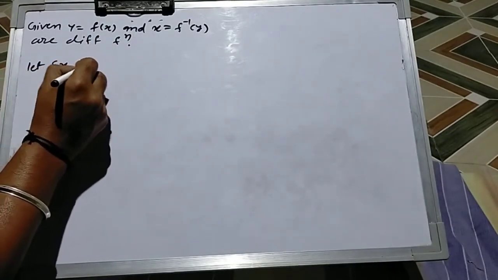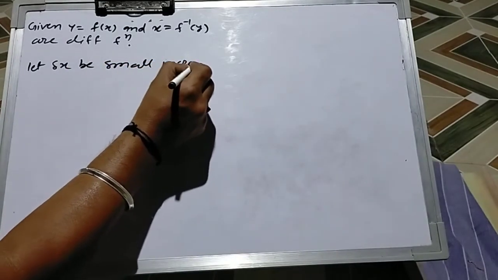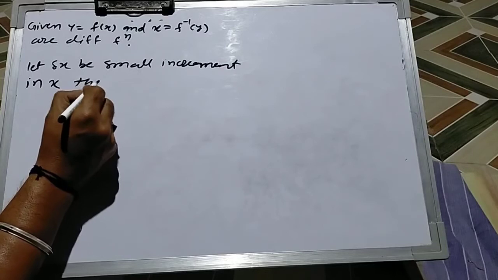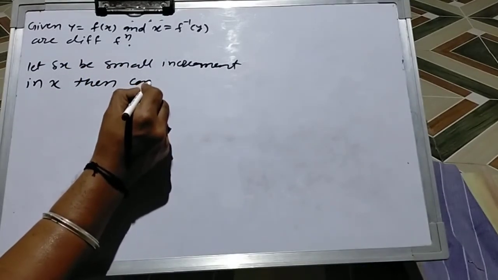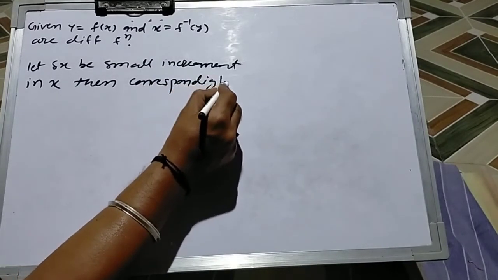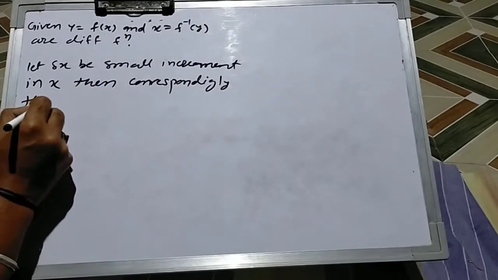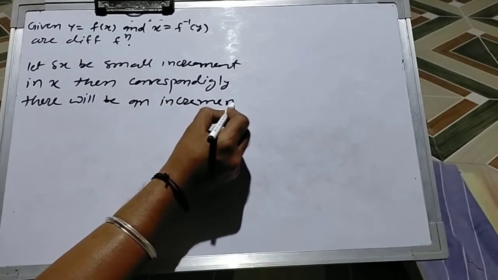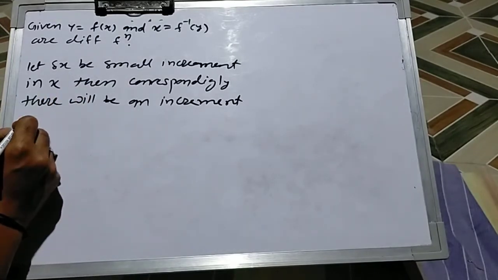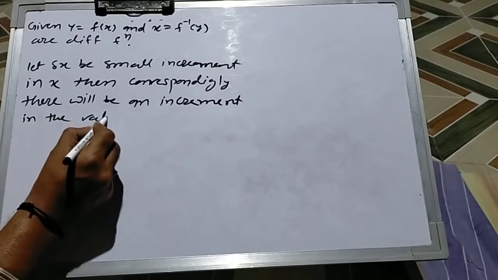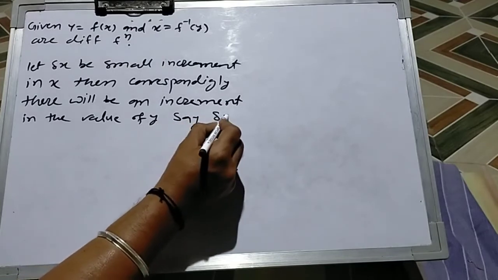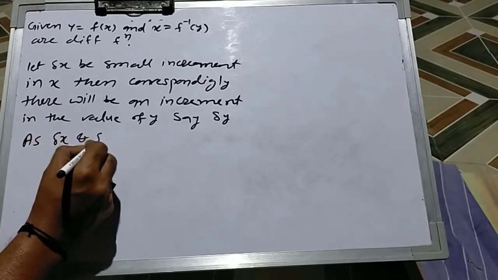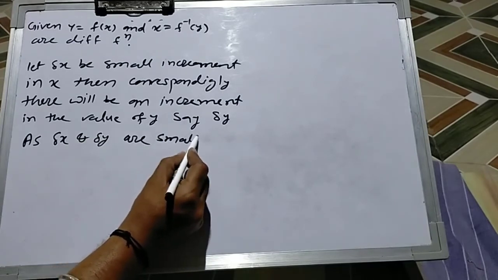Let delta x be a small increment in x, then correspondingly there will be an increment in the value of y, say delta y, as delta x and delta y are small increments.